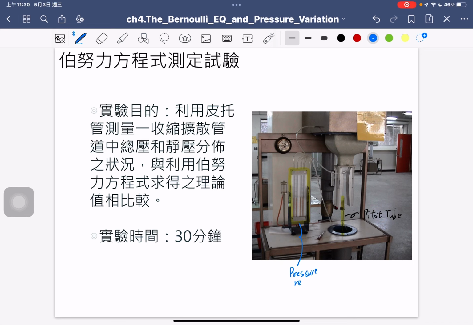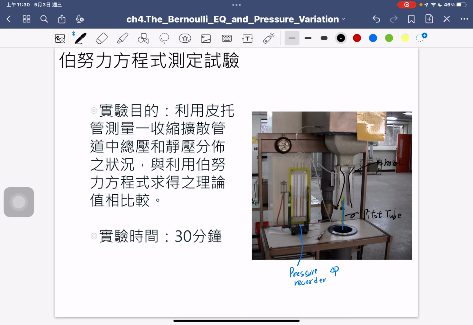Why do I call it the recorder? Because you can understand the delta P based on these recorders, because you put the tube inside the nozzle. As you can see, we have the nozzle here.